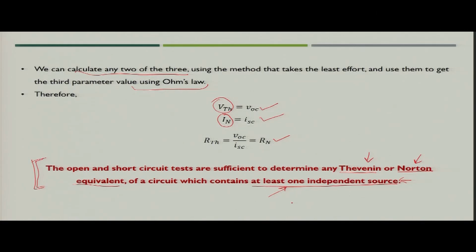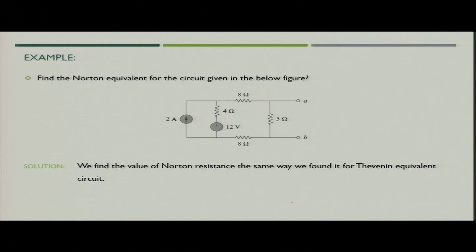Now, let us understand the concept with the help of one example. For the circuit given in the figure, we need to find out the Norton's equivalent. We can find the value of Norton resistance the same way as we found the Thevenin equivalent circuit.